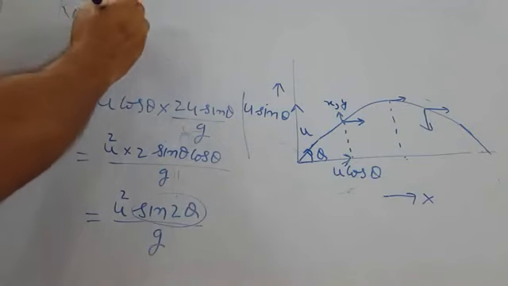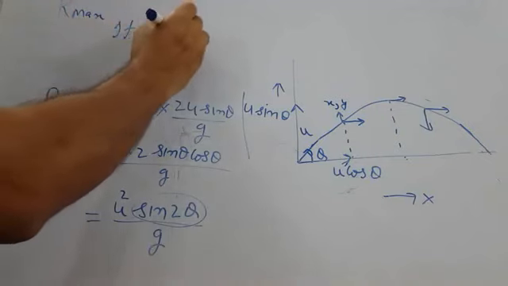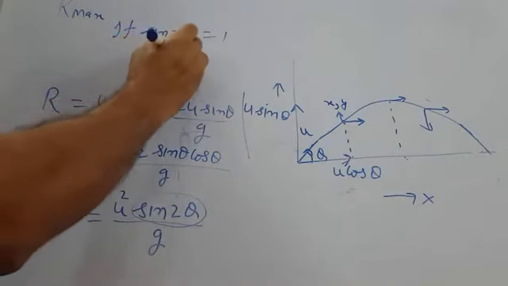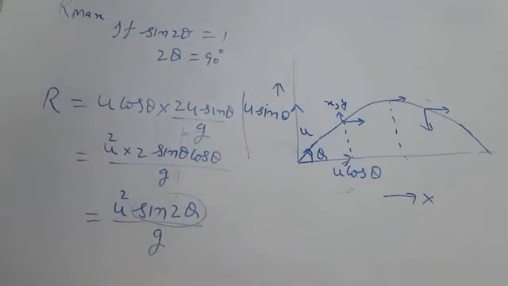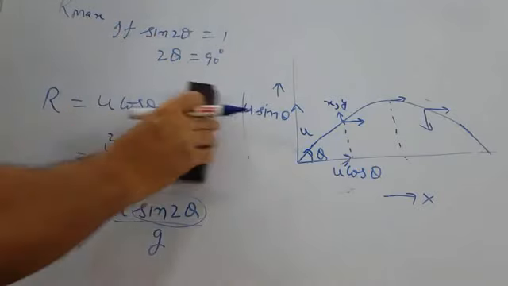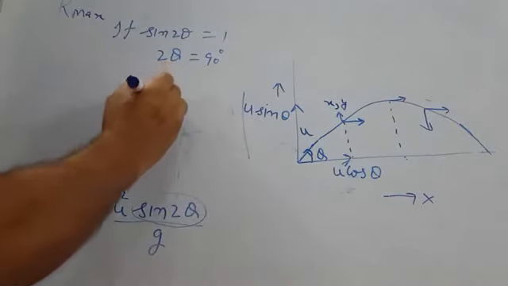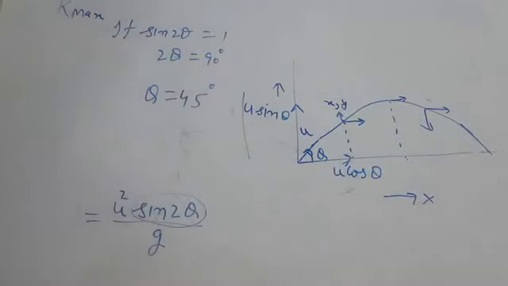R will be maximum if sine 2 theta is 1, or 2 theta is 90 degree. We know sine 90 is 1. So 2 theta should be 90 degree, or theta should be 45 degree. So if the angle of projection is 45 degree, then the particle will travel the maximum horizontal distance.